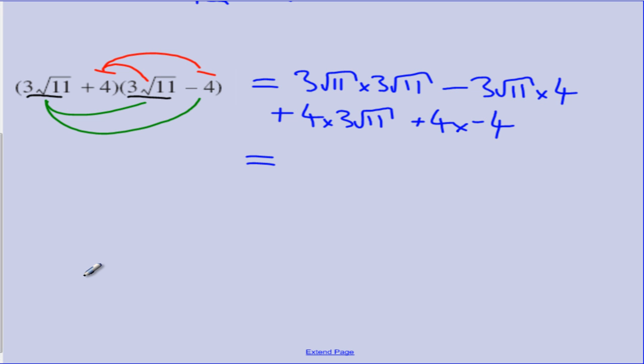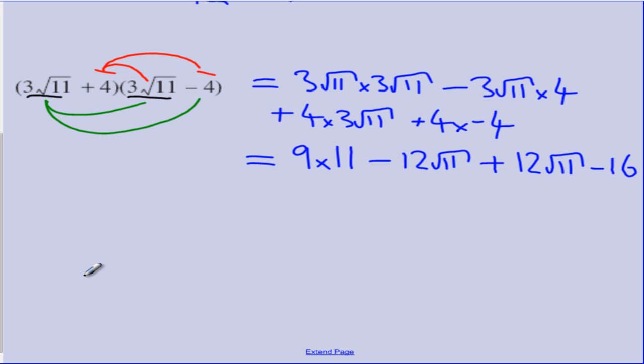Okay, 3 times 3 is 9, and when you multiply 2 numbers that are the same under a surd sign, that square root sign disappears, so it becomes just 11 minus 12 root 11. Then we have plus 4 times 3 is 12 root 11, and 4 times negative 4 is minus 16.